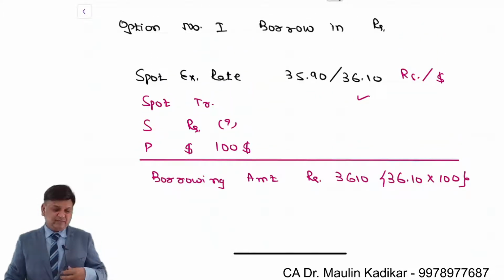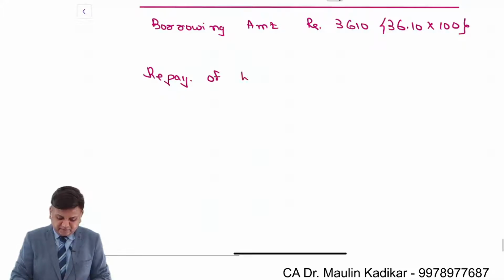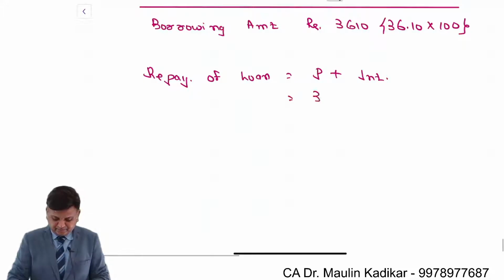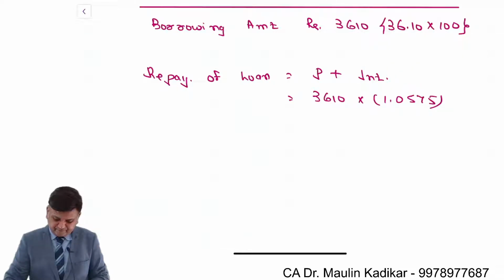Hence, repayment of the loan will be calculated in rupee currency directly. Repayment of loan, it is principal plus interest. 3610 into 1.0575, that is 0.115 into 6 divided by 12.